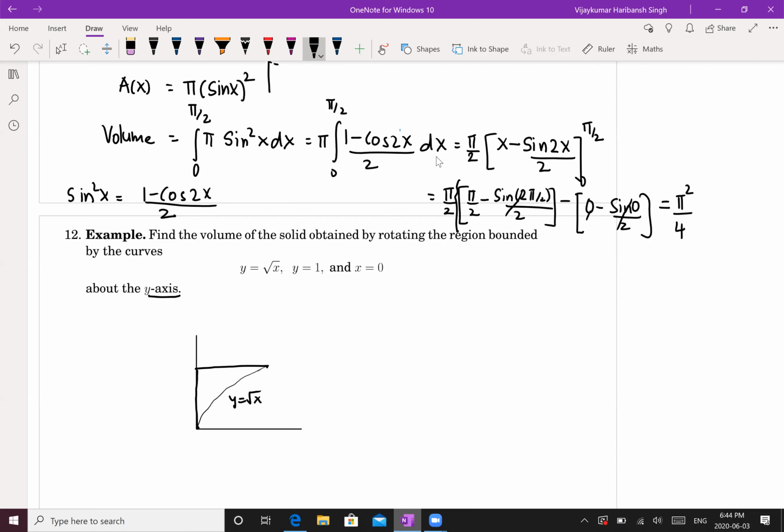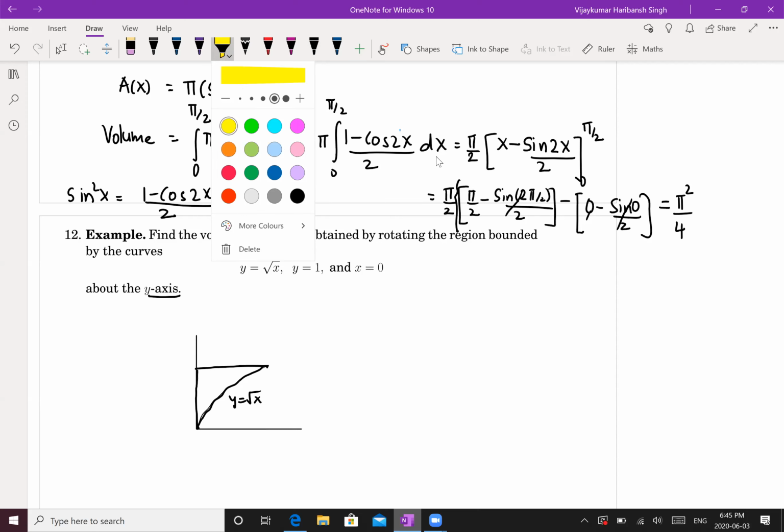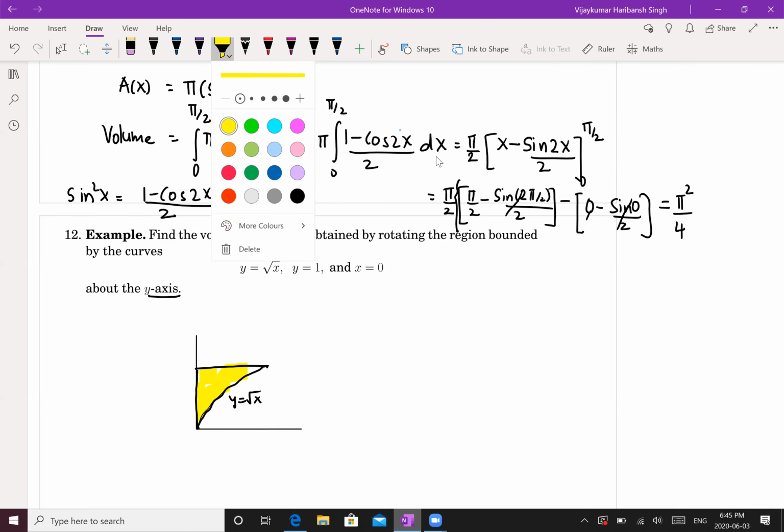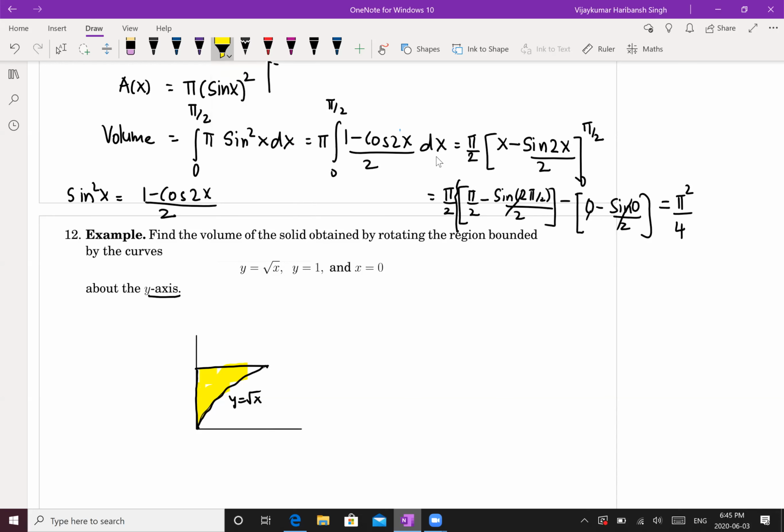So you have this region which you want to rotate around what axis? Around the y-axis. So let me shade the region. So this is the region we are looking for. Okay, and we are going to rotate it around the y-axis.